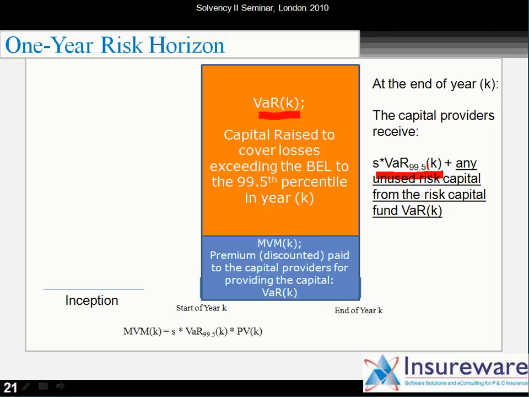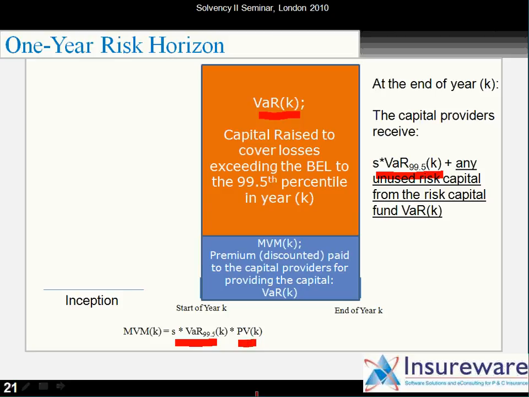You also need to return to them the risk-free rate of return. So the market value margin discounted to inception is S times the VaR multiplied by the discount rate.